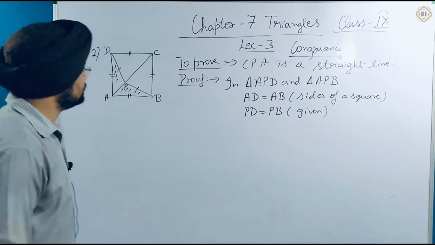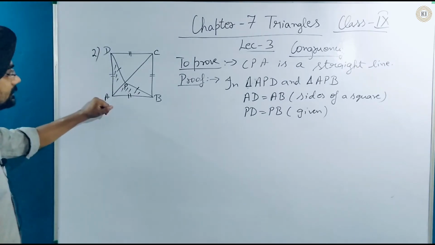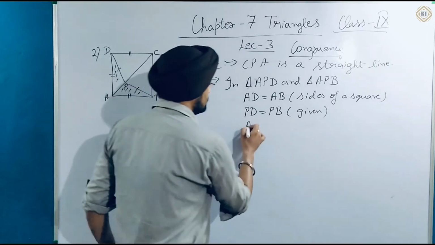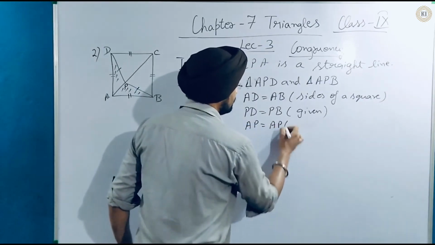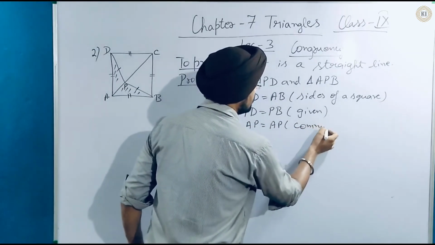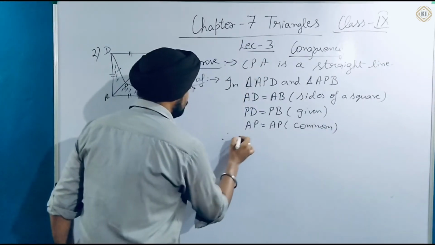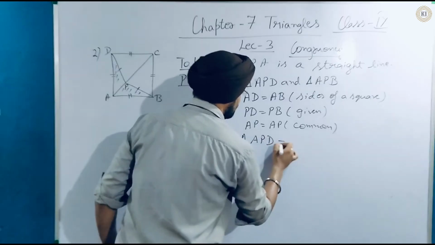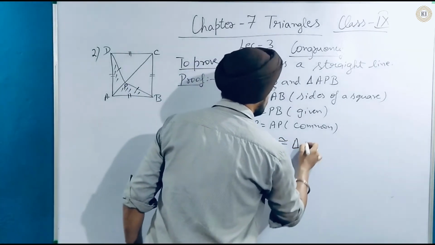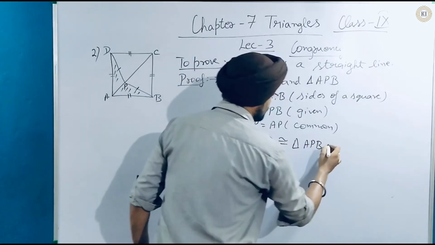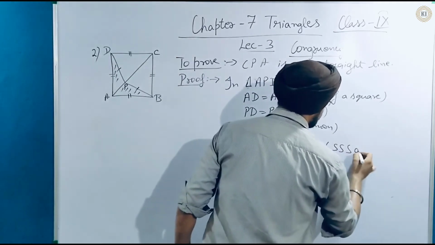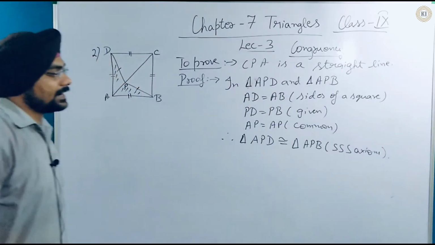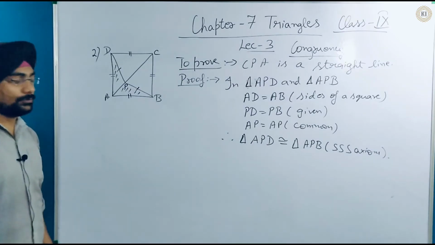And next thing you can see that will be your side AP. Side AP is equal to AP. This side is common. So therefore triangle APD is congruent to triangle APB by side side side rule. So both the triangles are congruent by side rule.